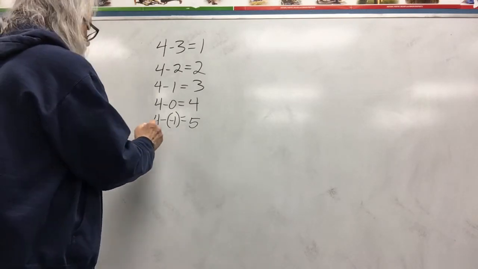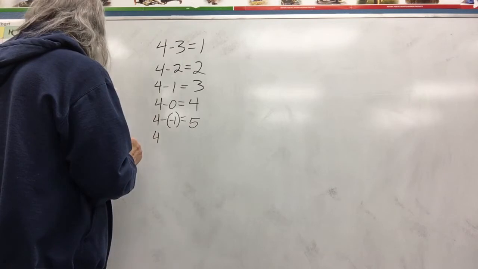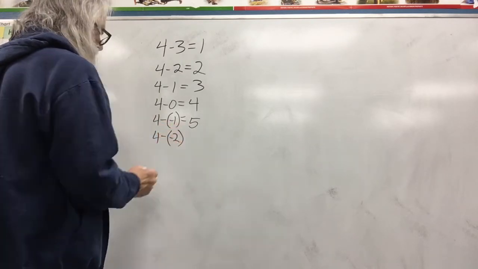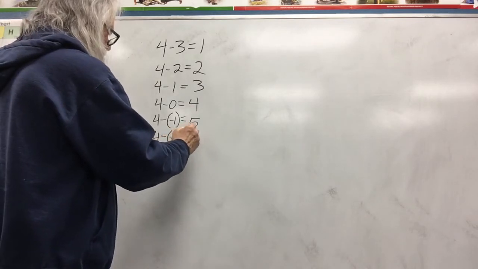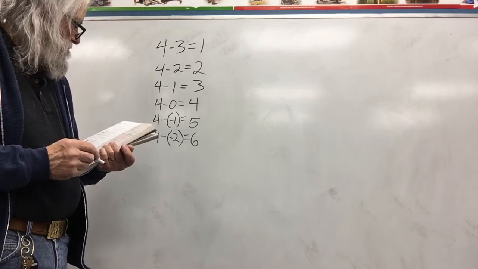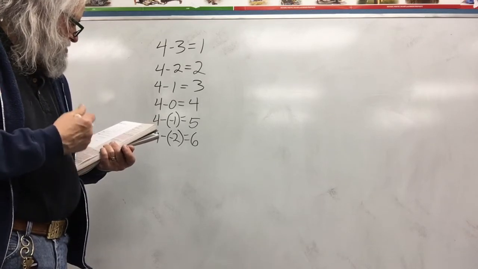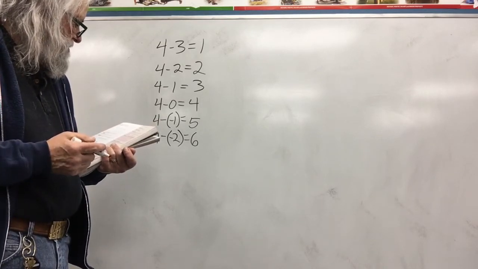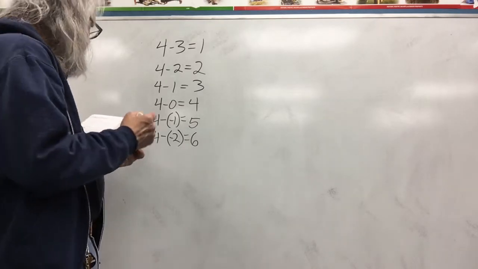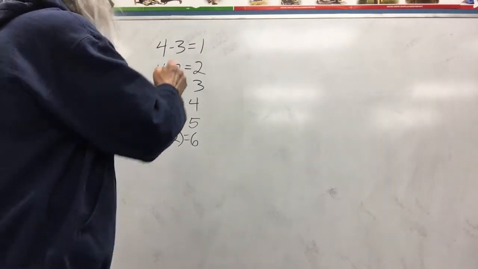And 4 minus a negative 2, if you're following the pattern, that would be 6. All right? And so that's just subtracting. And so then watch how they have this labeled. This is just subtracting.